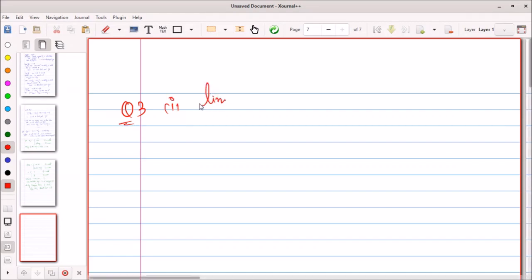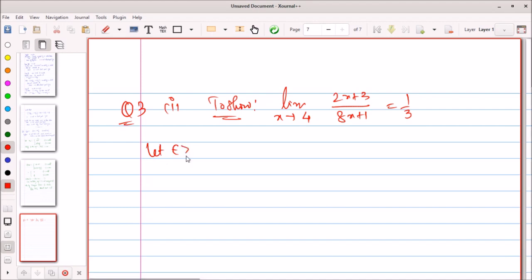So we have to show limit x tends to 4 of (2x plus 3)/(8x plus 1) equal to 1/3. For this we will let epsilon greater than 0 be any real number.